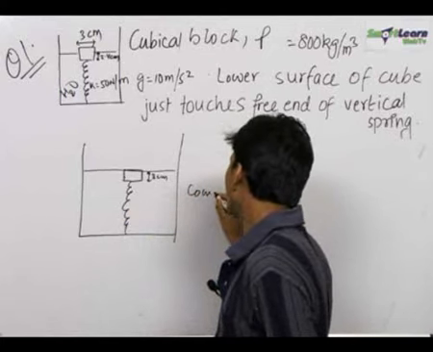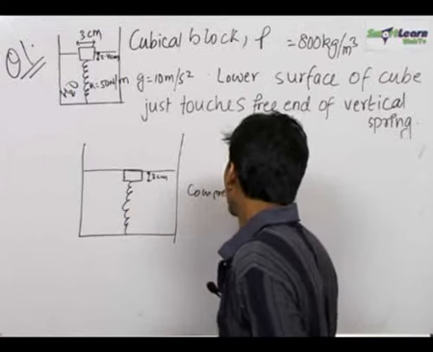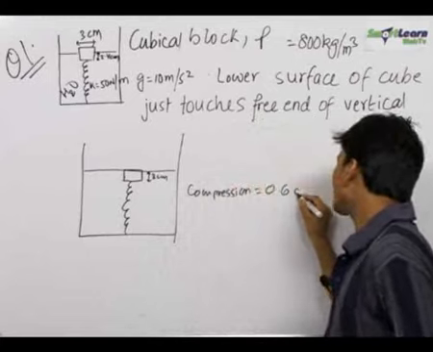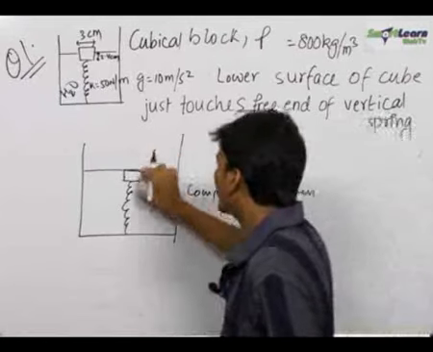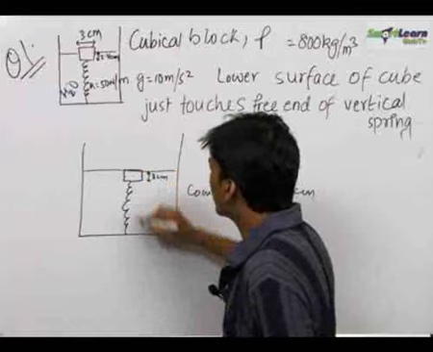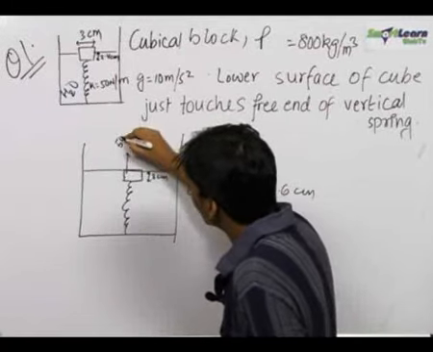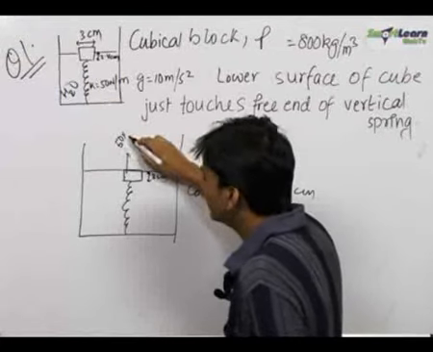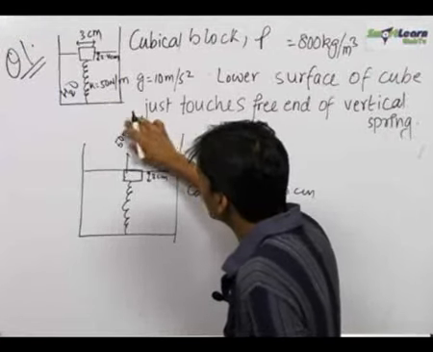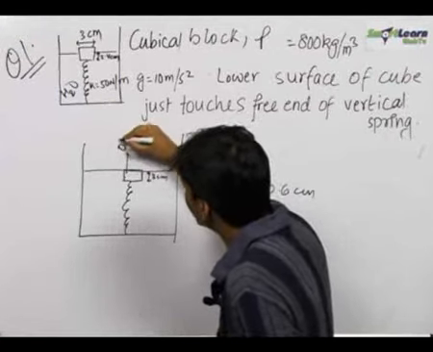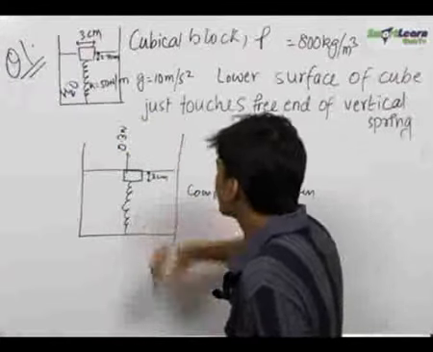The compression in the spring will be equal to 0.6 centimeters because this block went down by 0.6 centimeters. So the force acting in the upward direction on the object will be equal to 50 into 0.6 upon 100, kx, that is equal to 0.3 newtons. This is kx.